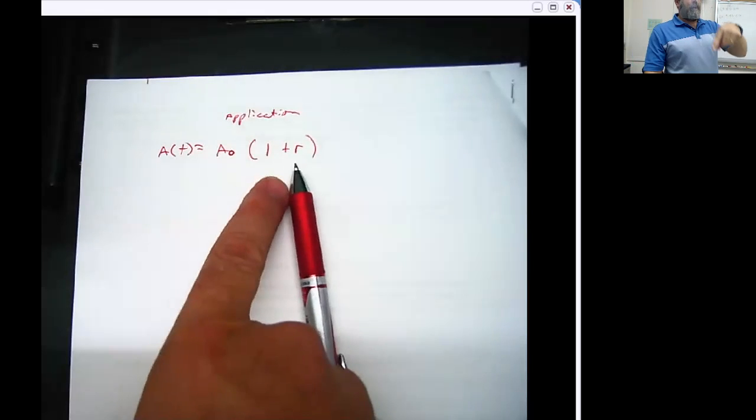So if something is growing at 6%, what's going to be right in here? It's going to be 1.06. What if I said you're decreasing or decaying at a rate of 3%? It'd be 1 minus 0.03, or 97%, so 0.97.